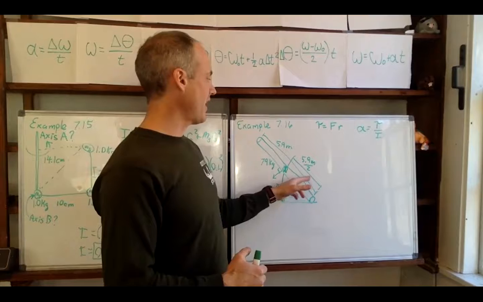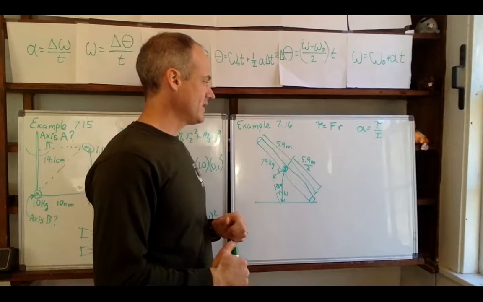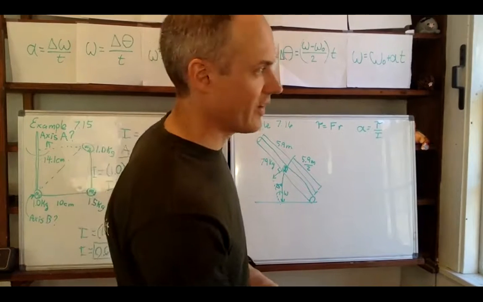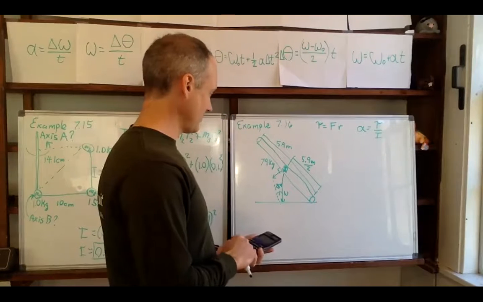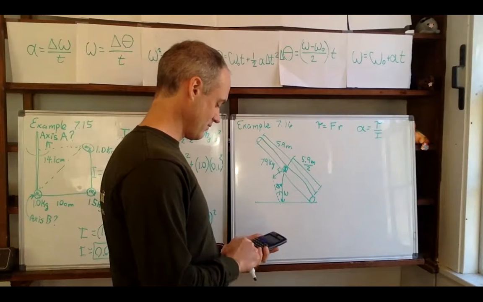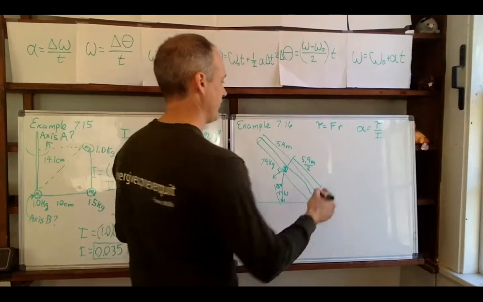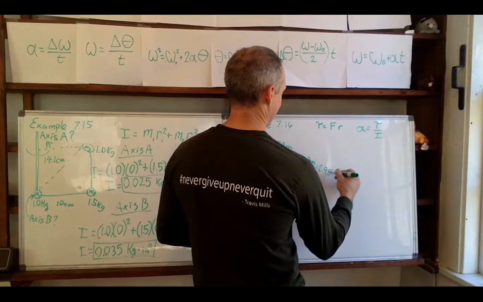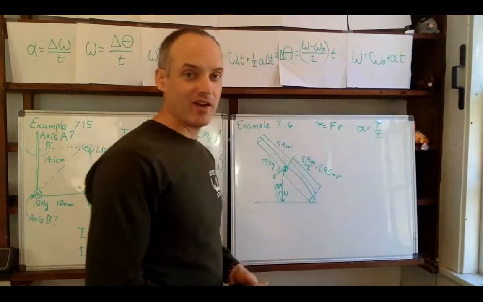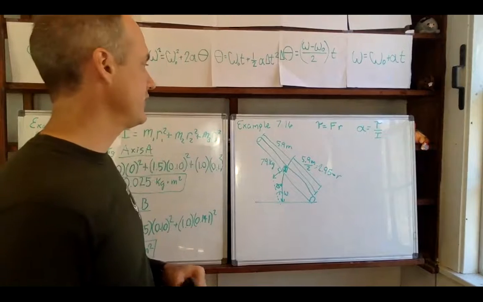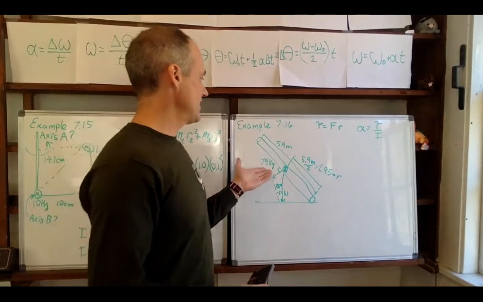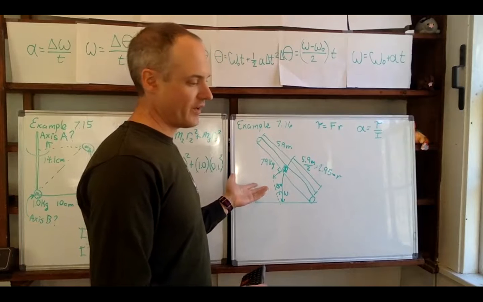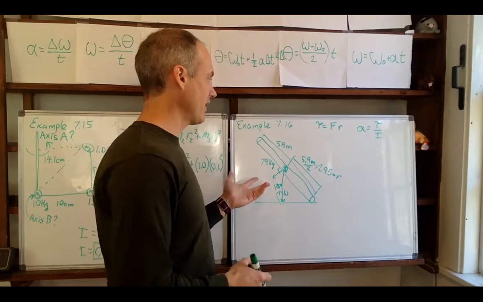That's at half of that distance, so 5.9 divided by 2, which is 2.95. So that's your radius, 2.95. The problem is that 79 kilograms is not the full mass that's pulling on this object. We're going to have to figure that out.